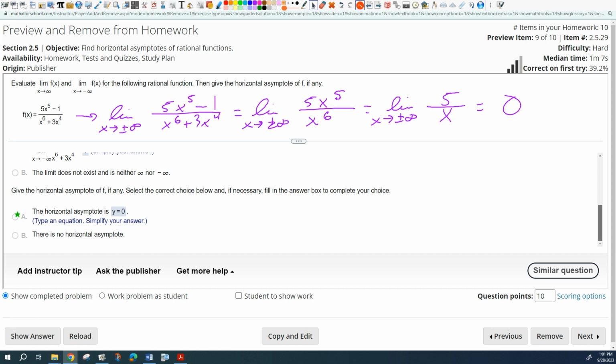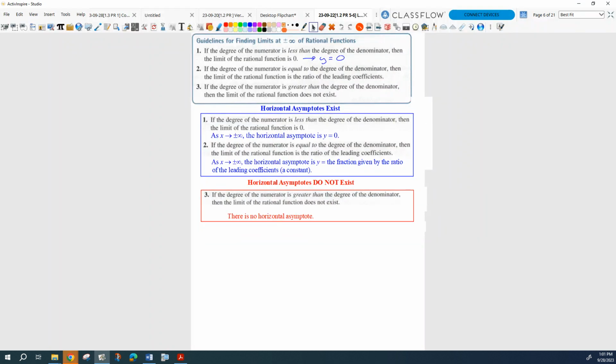Here, let's draw a picture, just to remind you. So if I've got some function, and the limit of f of x as x approaches plus or minus infinity is, let's just say, equal to 2.